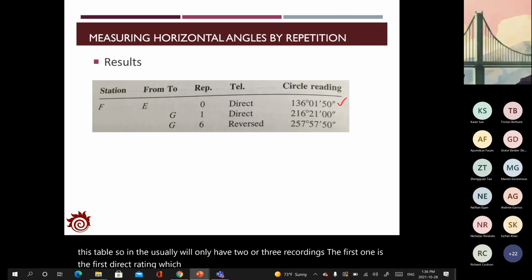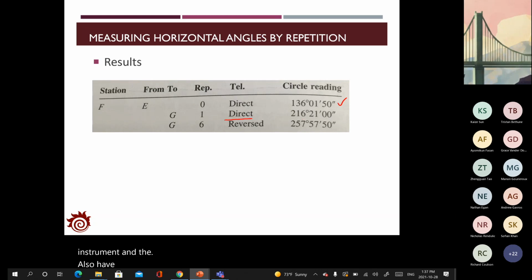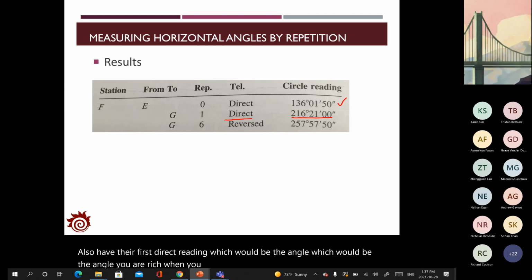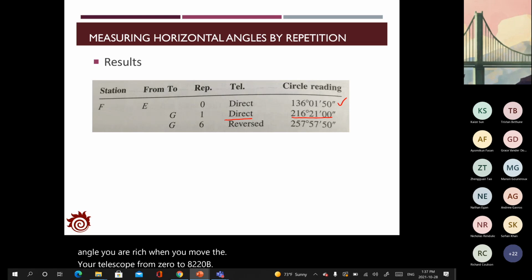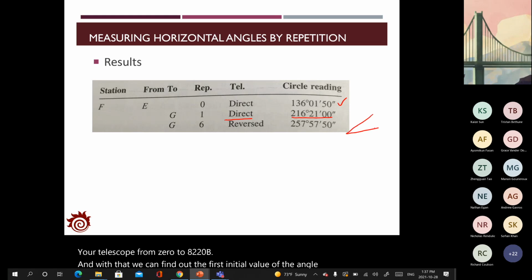which is the initial angle that you read from the instrument. And you will also have the first direct reading, which is the angle you reach when you move your telescope from OA to OB. With that, you can find the first initial value of the angle between OA and OB.